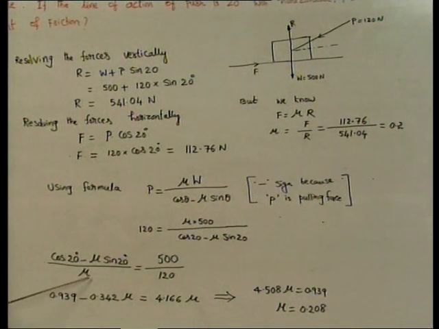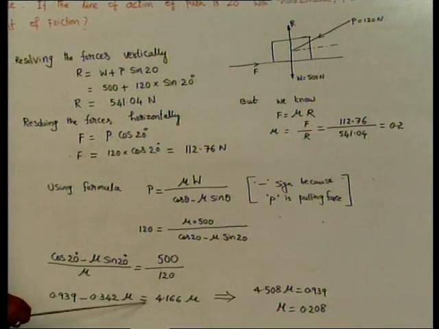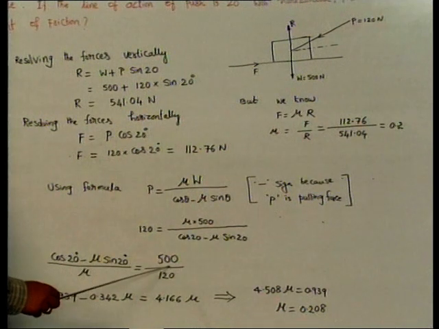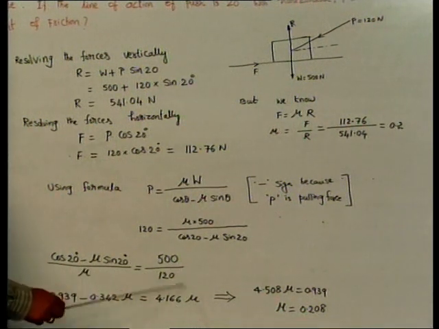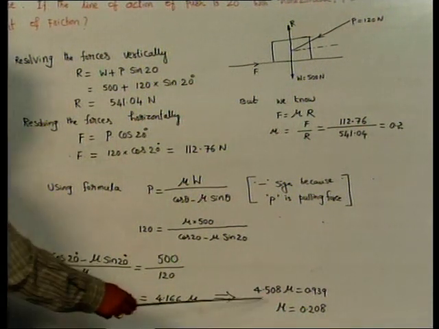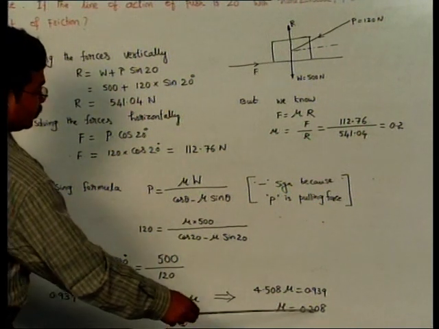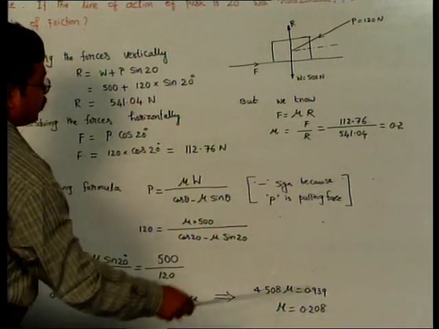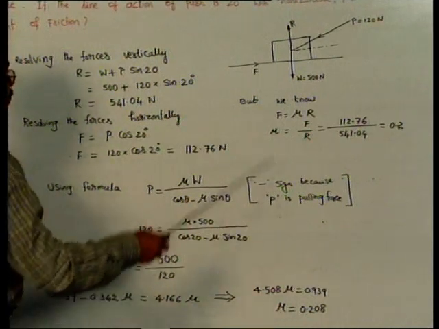Substituting the values, we get like this, and we have cos 20 as 0.939 minus sin 20 as 0.342 mu is equal to 4.166 into this mu, it is cross multiplied. Finally, we get mu is equal to 0.208. So, both are almost same. So, you can solve either way.